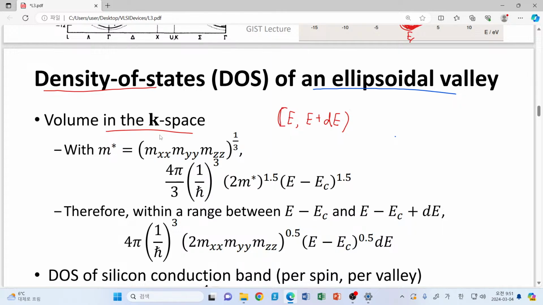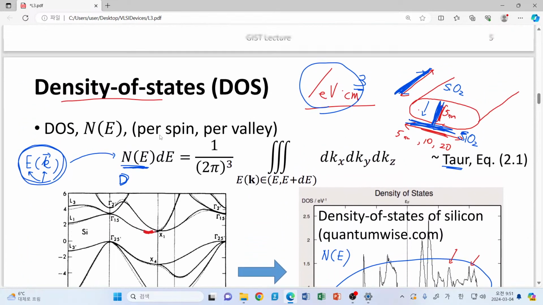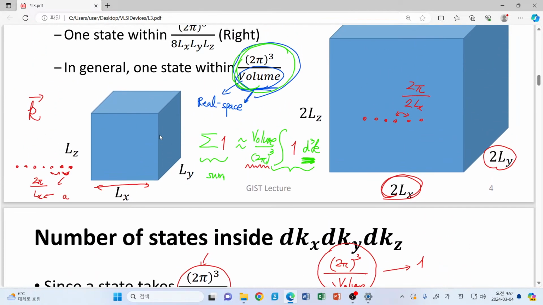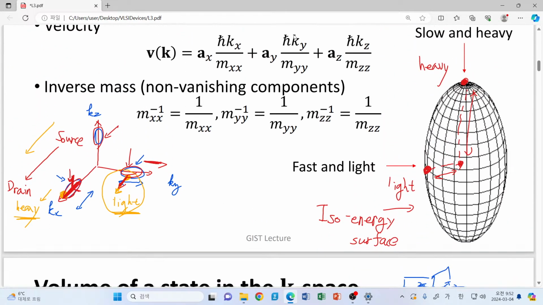Now think about this one. Let's say that there is a certain E value. Then what will happen? Once we have E value, let's say that this is your iso energy surface corresponding to your E value.